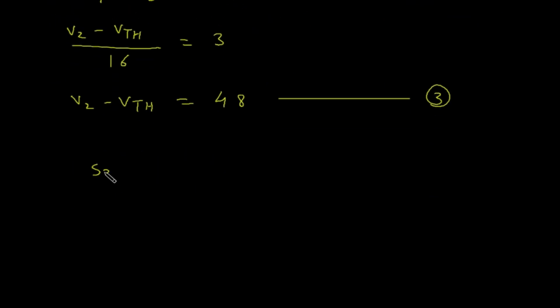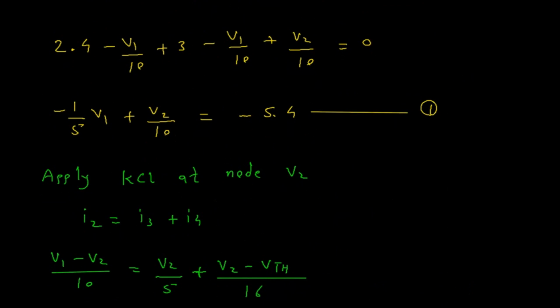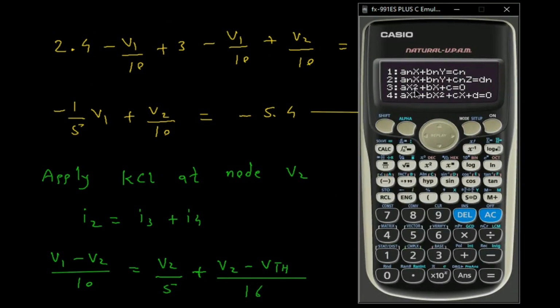Now we will solve equations 1, 2 and 3. From equation number 1, the coefficients are minus 1 by 5, 1 by 10, and VTH is absent here so 0, then minus 5.4.